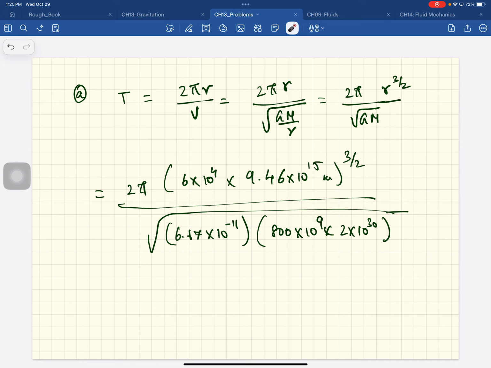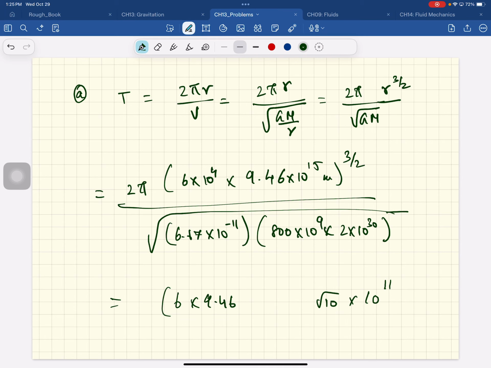And you have 15 to the power 3 halves, so that gives you 15 to the power a half, which is 7.5, plus 4 is 11.5, so that'll be 10 to the power 11 times root 10, 6 times 9.46 to the power 3 halves.